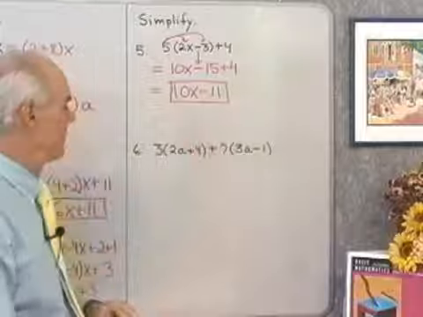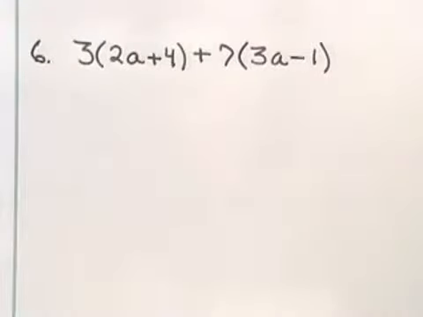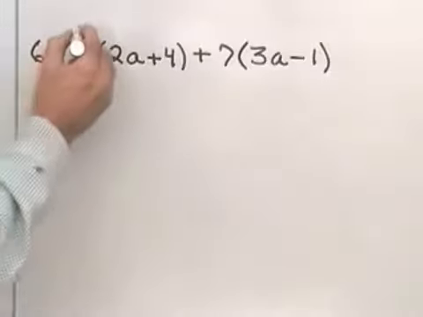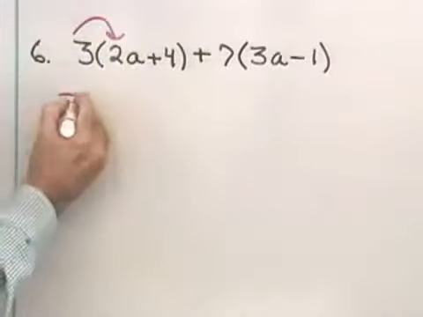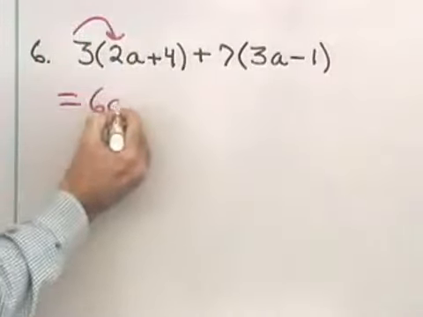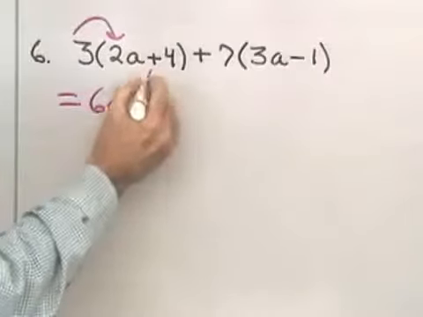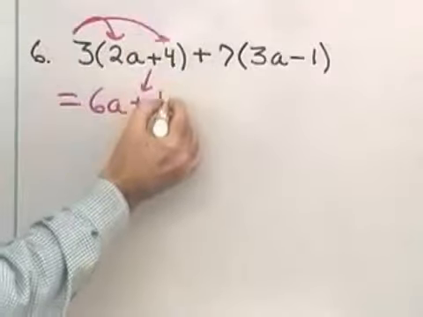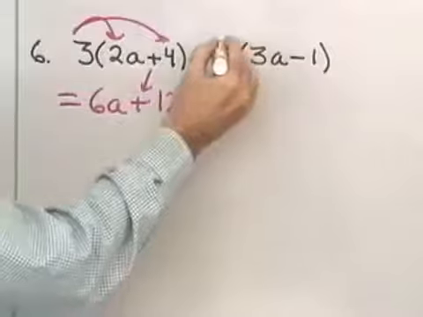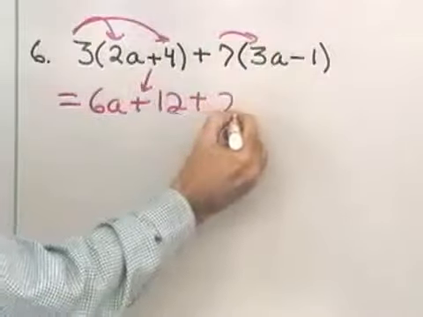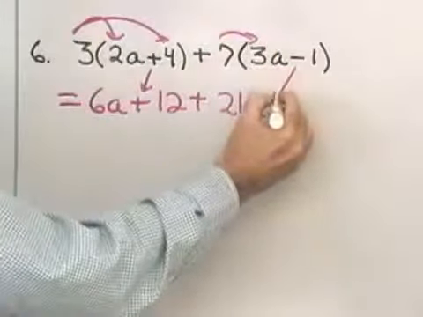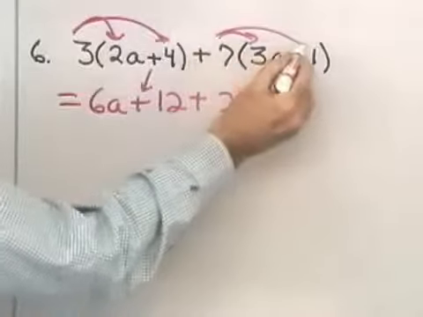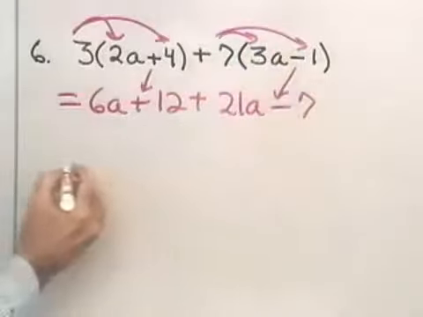Here's another problem. I want to multiply 3 times 2a plus 4, and then 7 times 3a minus 1. So I'll distribute the 3 over this sum right here and get 6a plus, that's that plus sign, 3 times 4, which is 12, plus 7 times 3a, which is 21a, minus, that's that subtraction sign, 7 times 1, which is 7.